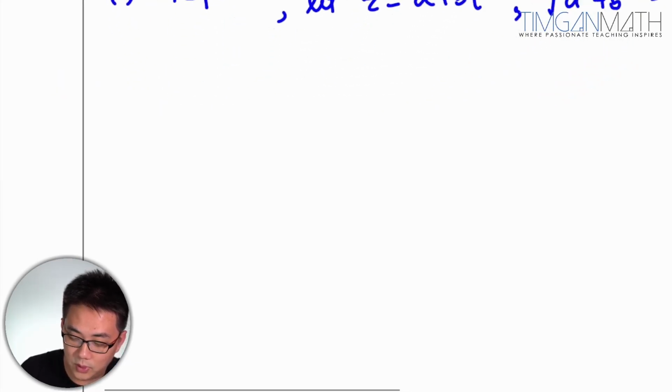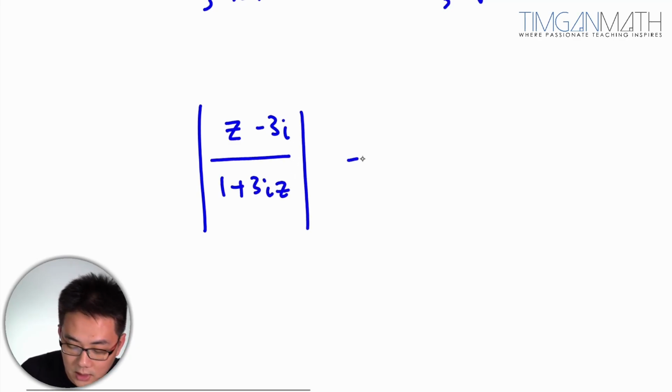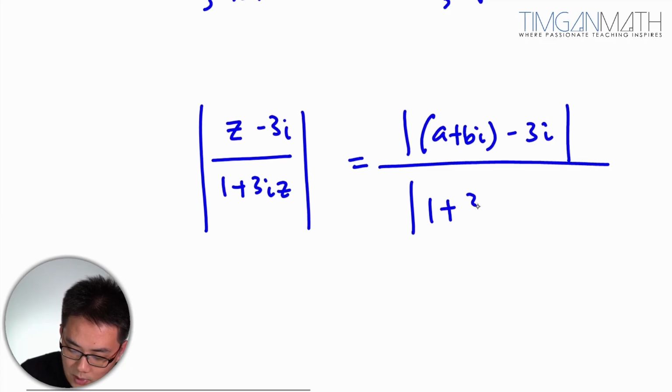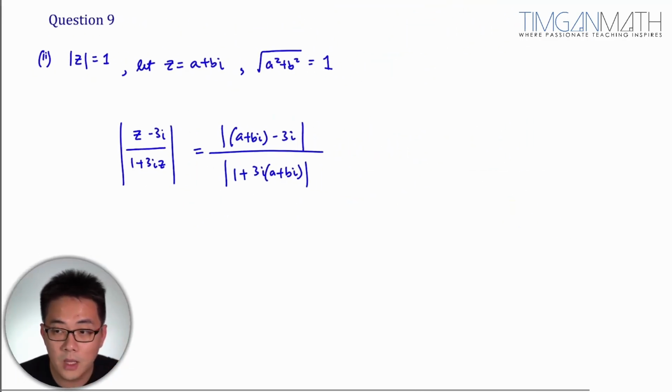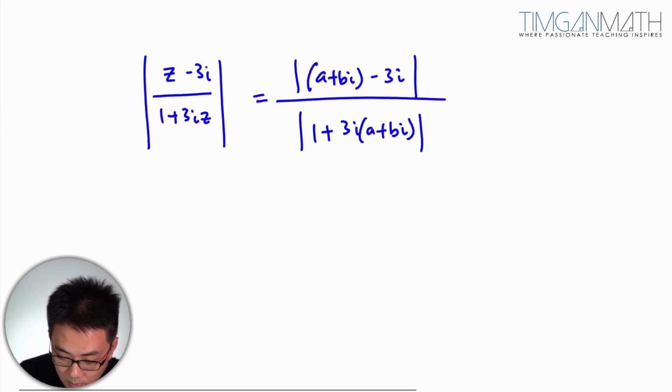So try your best to see whether we can manipulate this part here properly. I'm just going to do this part, the modulus of (z minus 3i) over (1 plus 3iz). In this case, z is a plus bi minus 3i, and the denominator will be 1 plus 3i(a plus bi). Once it's done, we are just going to see whether we can manipulate this part. The modulus, just leave it outside.